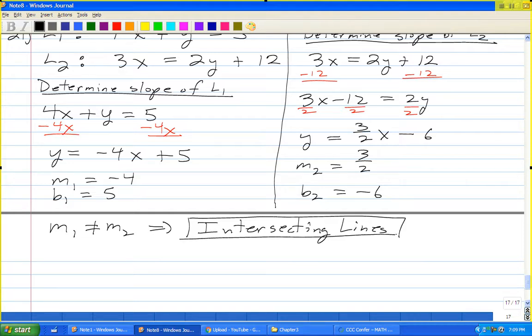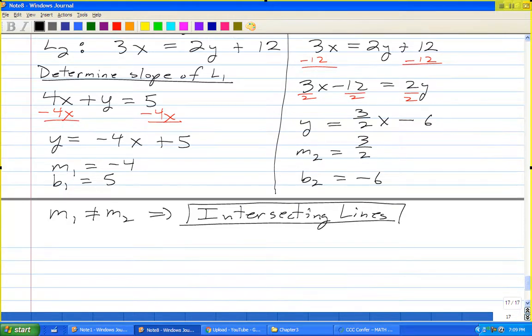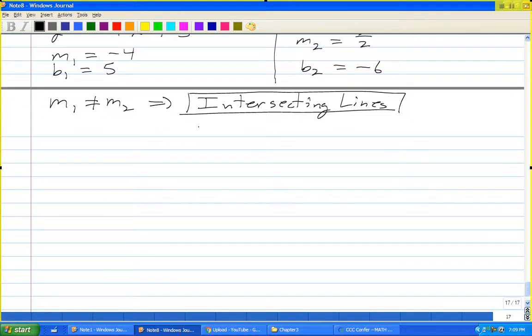So I have a unique solution. So let's do the first one. Ooh, that's really far apart, isn't it? So 1, 2, 3, 4, 5. Okay, so somewhere around here.